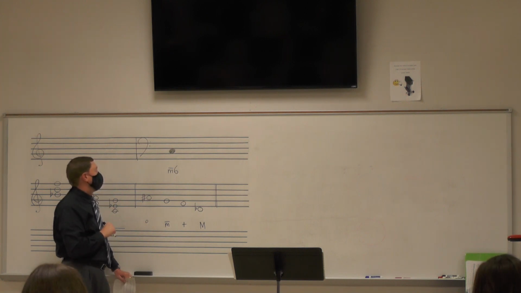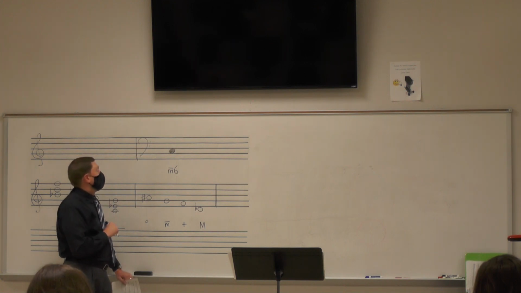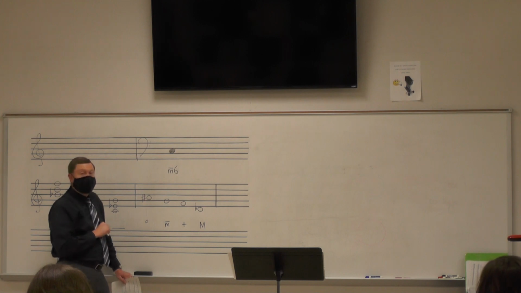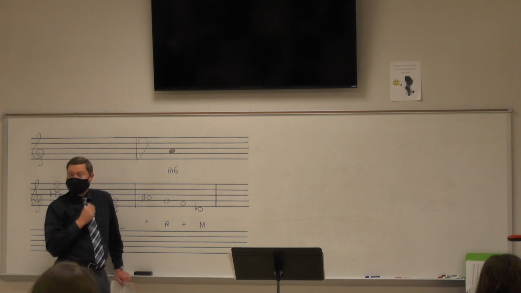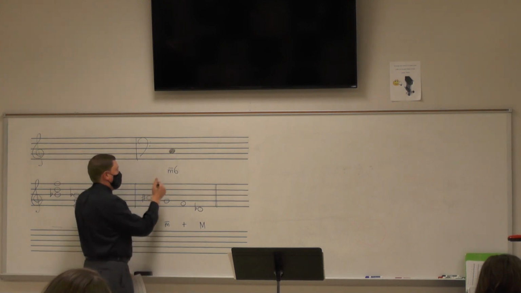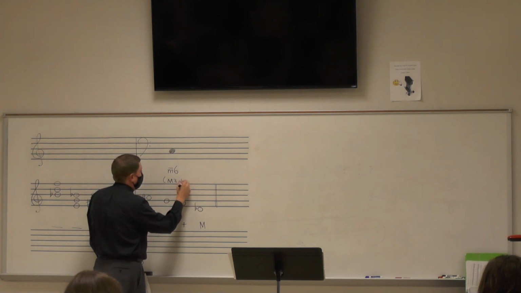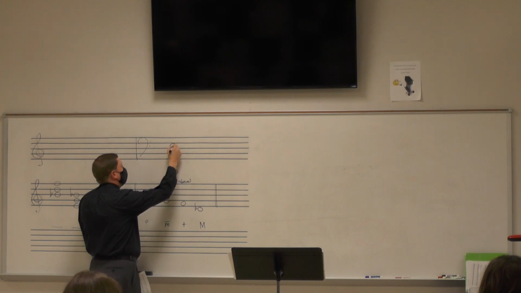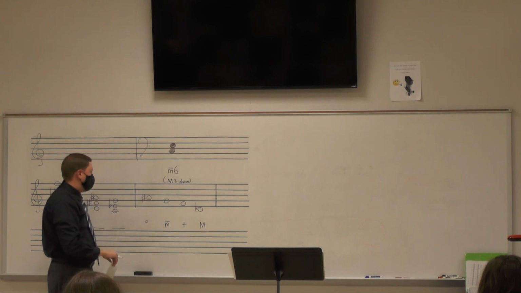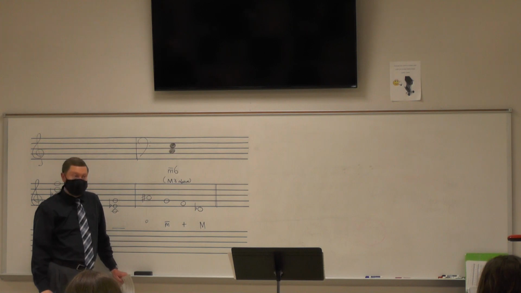So what I would probably do, because the sixth is kind of a large interval, is I would use the inverting principle on this one. And I would find out what note is a major third above C. Because I know that the inversion is a major third above, then I can calculate and know that the note E, just plain E, is a major third above C, because E is the third scale degree of C major.